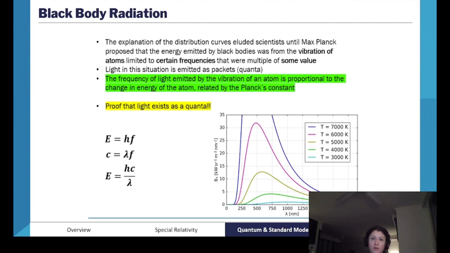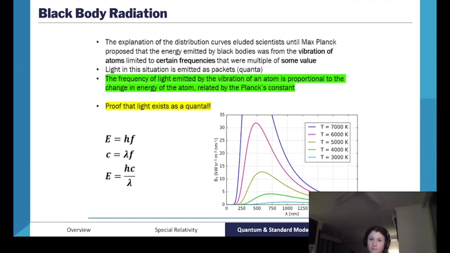So, light in this situation is emitted as packets or quanta. So the frequency of light emitted by the vibration of an atom is proportional to the change in energy of the atom, related by Planck's constant. So this is proof that light exists as quanta.